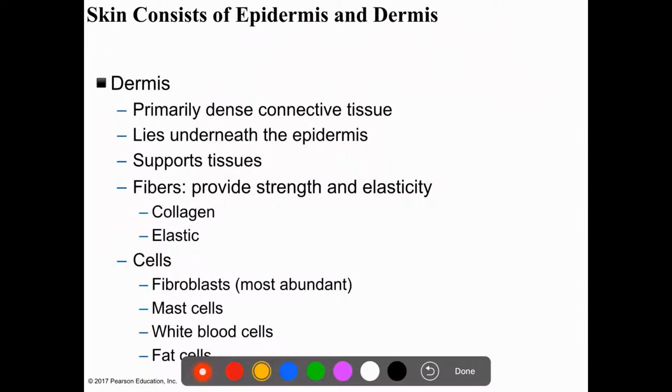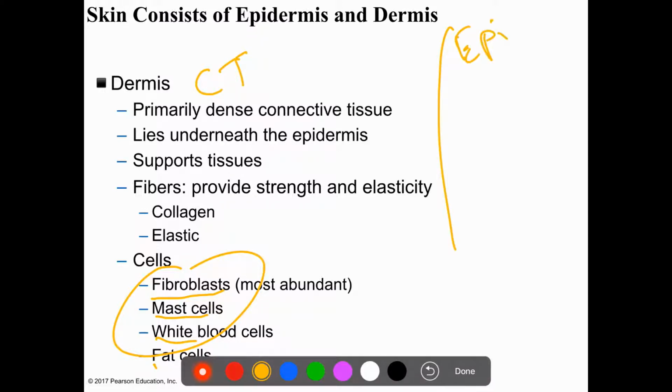In the dermis, we have fibroblasts, mast cells, white blood cells, and fat cells. All of these cells are located within the dermis. The dermis technically is a connective tissue, whereas the epidermis is epithelial tissue. So we have two different types of tissues here.